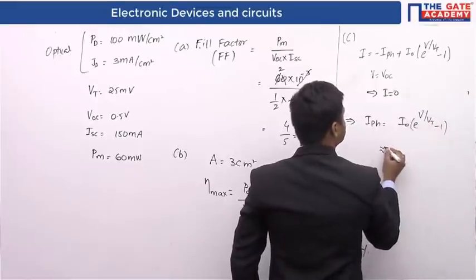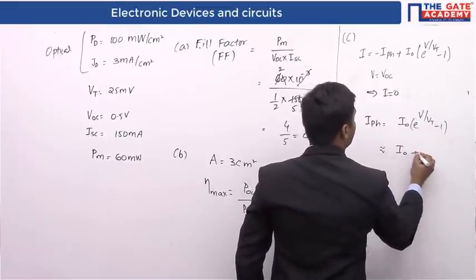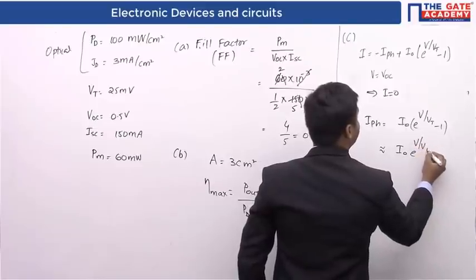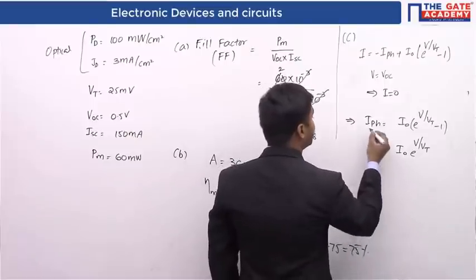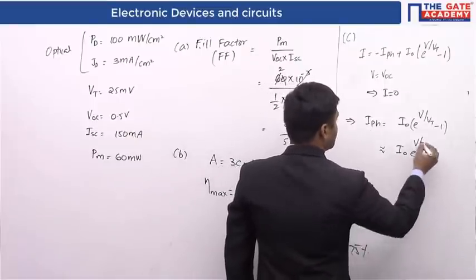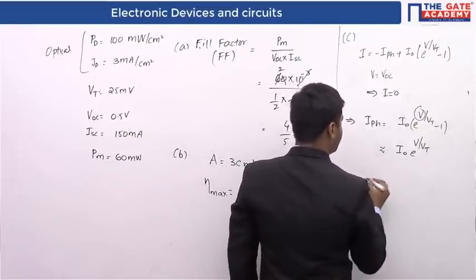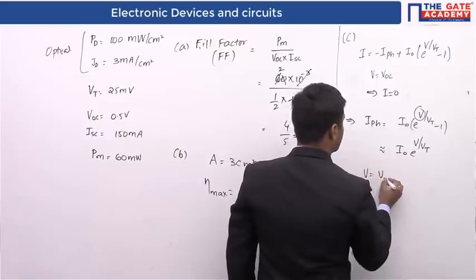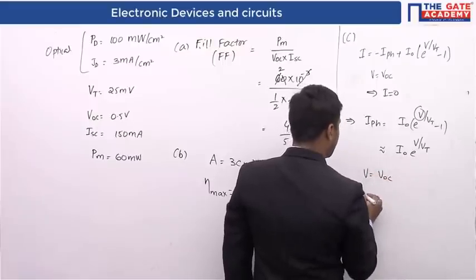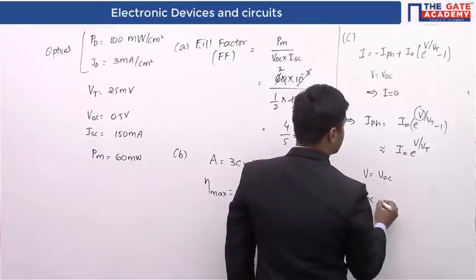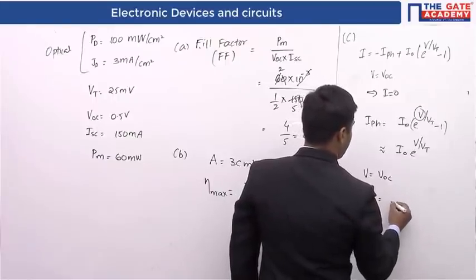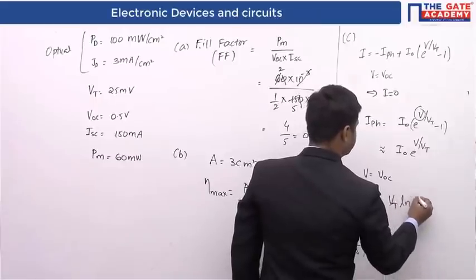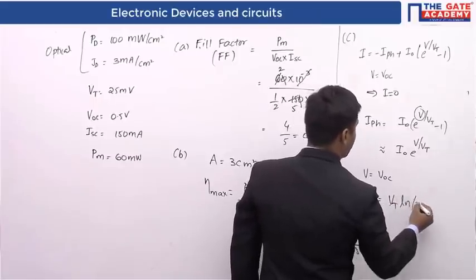To approximate it, we can consider I naught into e power V by Vt, which is nothing but Iph. So here V is nothing but VOC. If you substitute here, we will get VOC equal to Vt ln of Iph by I naught.